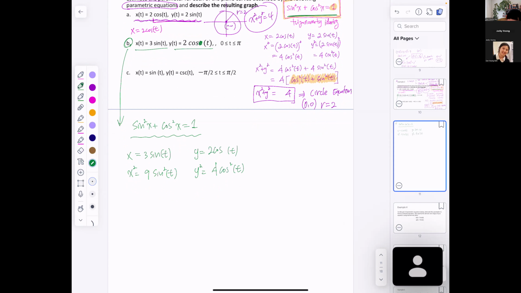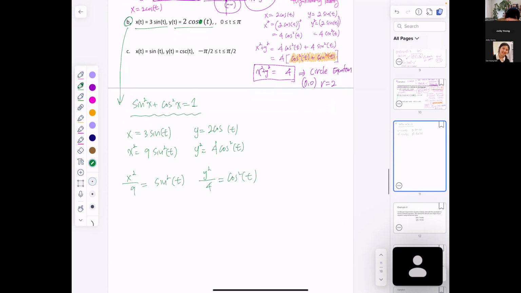So just divide both sides by 9: x squared over 9 is sine squared t. Y squared over 4 is cosine squared t. So now I have this. Sine squared, cosine squared. How about adding them?